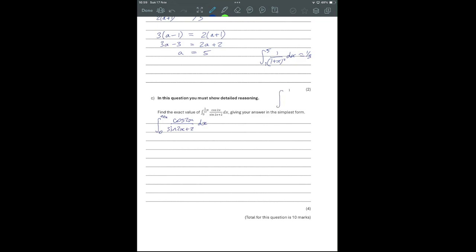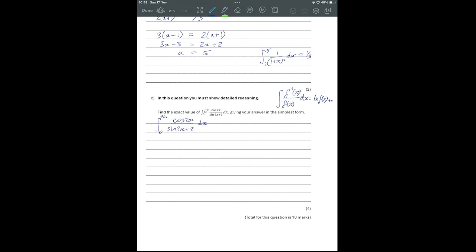So this looks very much like f dashed of x over f of x, and that integrates to ln f of x plus c. So we basically have that set up, except here my f of x is the sine 2x.